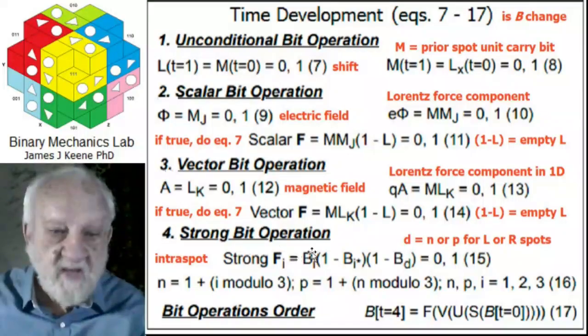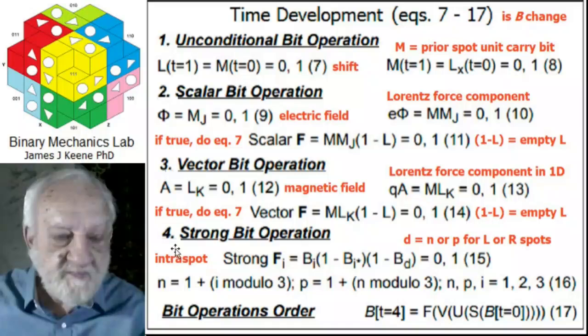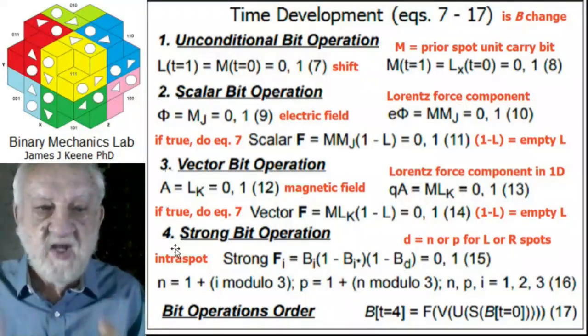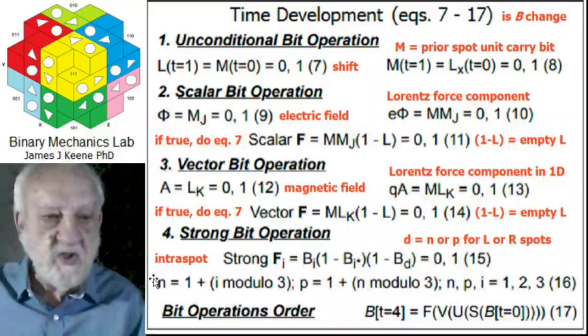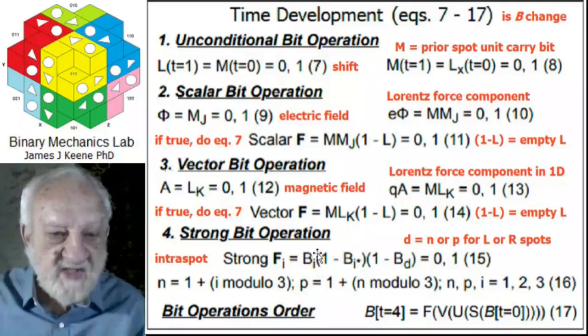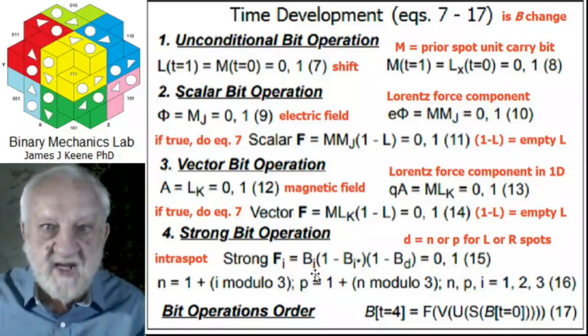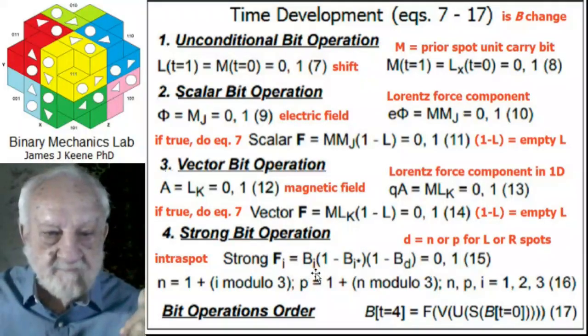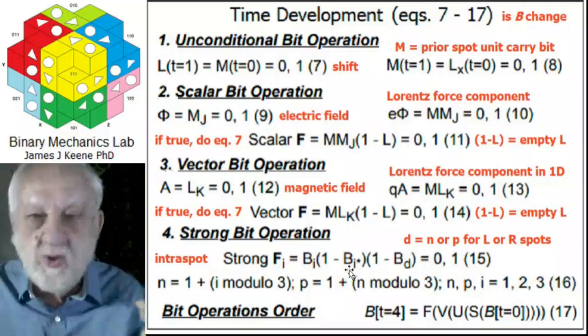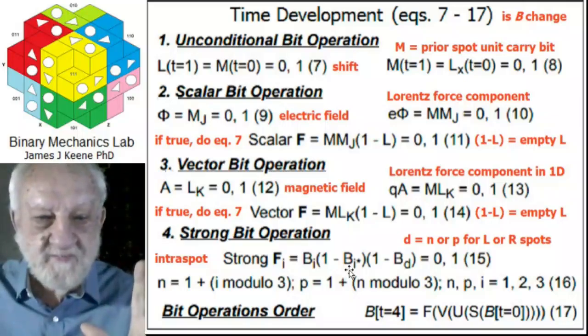The strong bit operation is different, however. It deals with the transfer of one state within a spot. We call that intraspot. So the strong force has a source one state in one spot unit. Its potential is actually a neutrino, which is the other locus in that source spot unit.